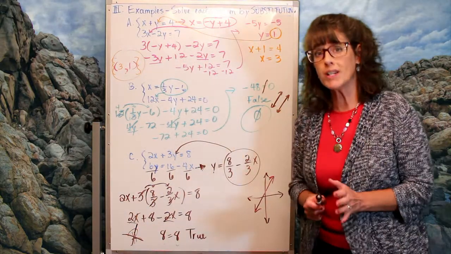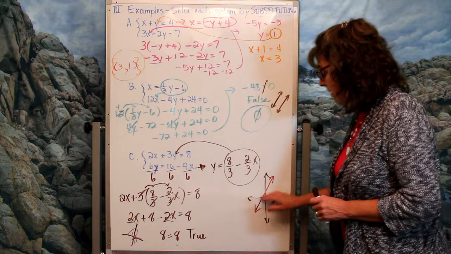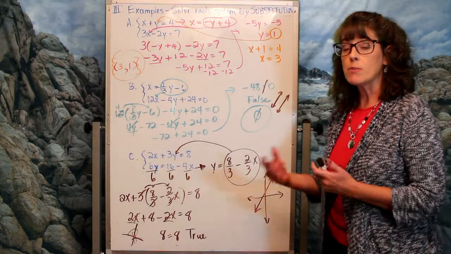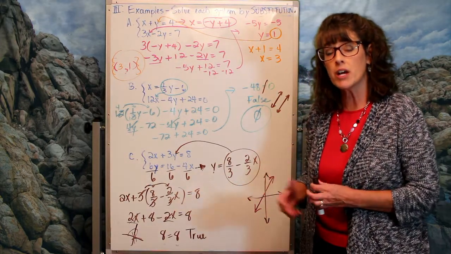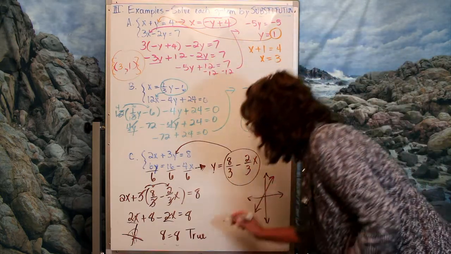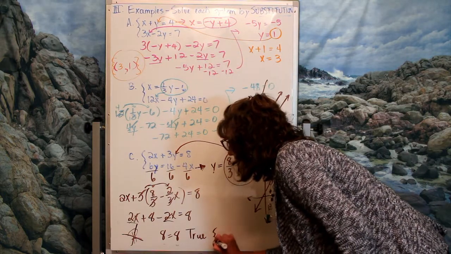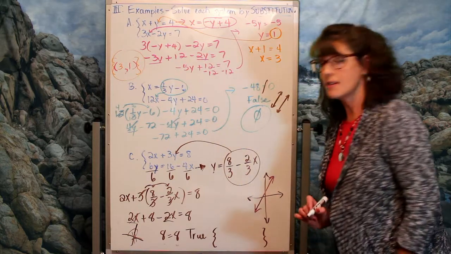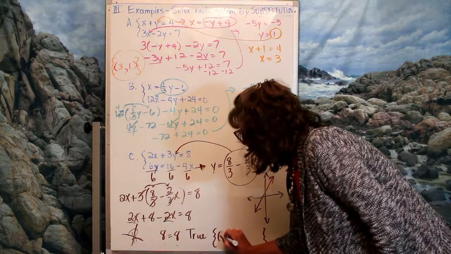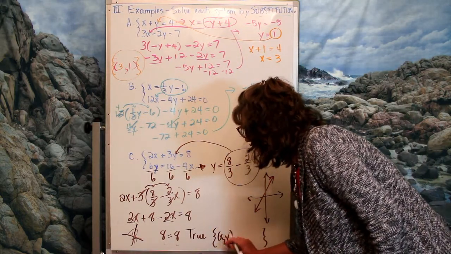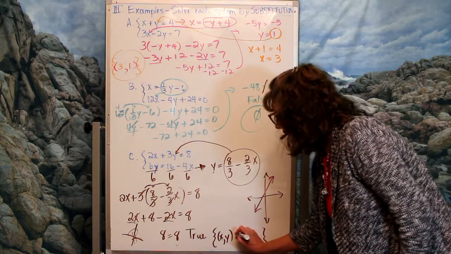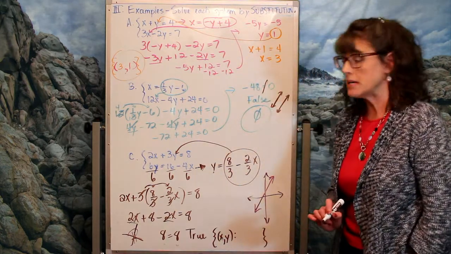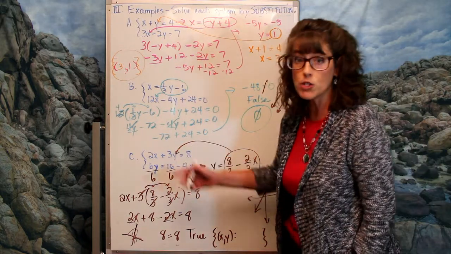But what I do want to say is, it's going to be every single point on this line. And remember how we discussed it in the previous video. How do we say every single point on the line? Well, we use braces, because braces indicate a set. And we're going to say the set of all points. That's why we have that generic x, y sitting there. The set of all points that satisfy, that's what the colon means, one of these two equations.